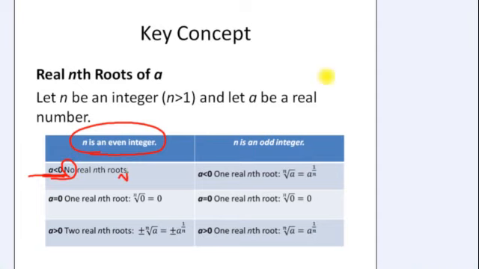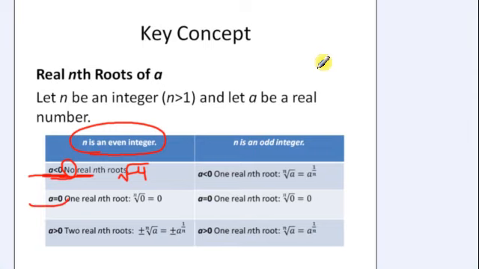For example, the square root of negative 4 would equal an imaginary number, not a real number, because nothing that you can multiply by itself or square will end up being negative. The negatives will always cancel and end up positive. So we will have no real nth roots.